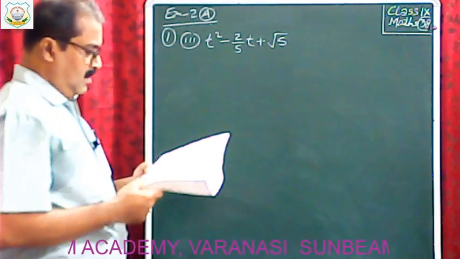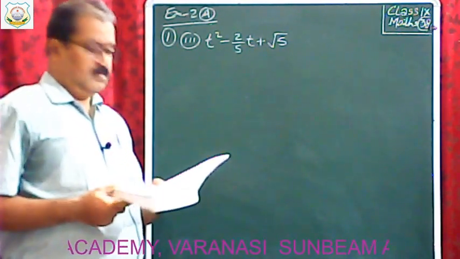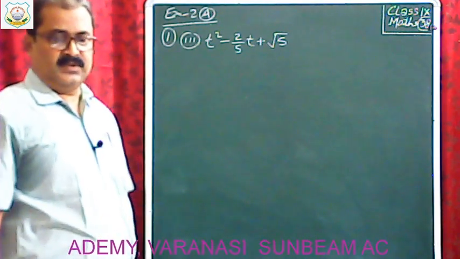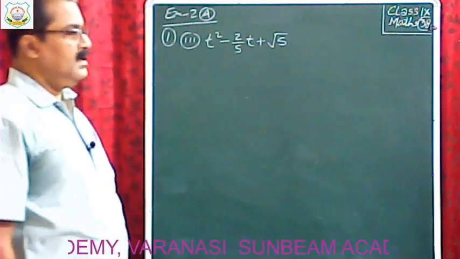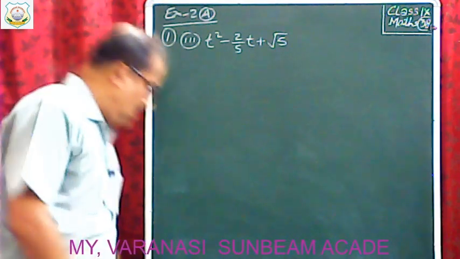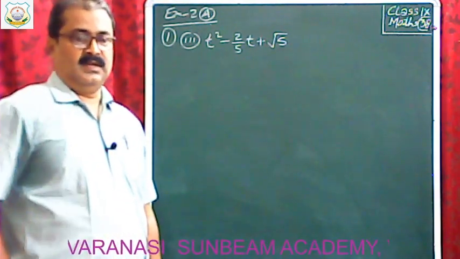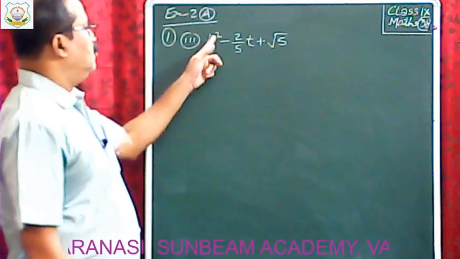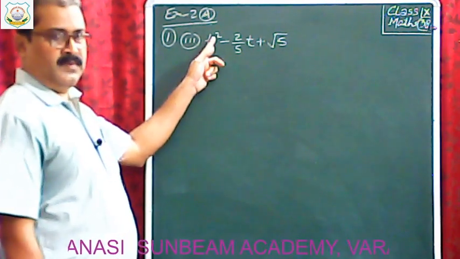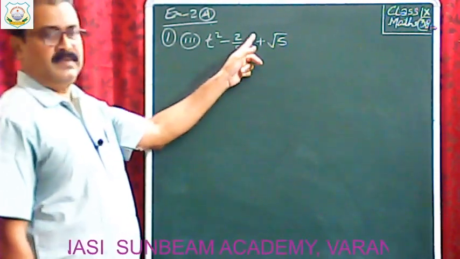Okay, so first of all you have to check if the given algebraic expression is a polynomial or not. If yes, then you have to write the degree of the polynomial. Clear? You have to check the power of the terms of the given expression. The power of the first term is 2, and the second term has power 1.